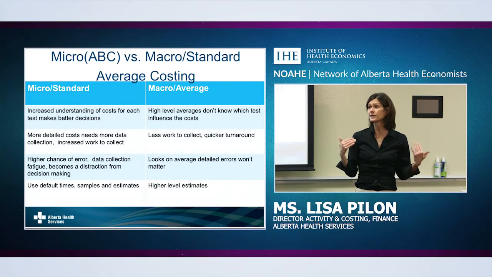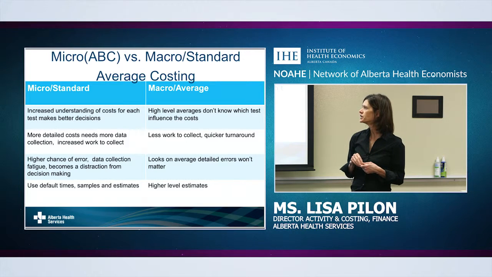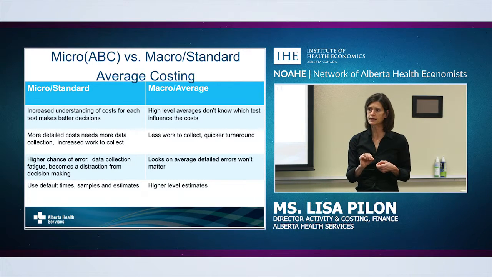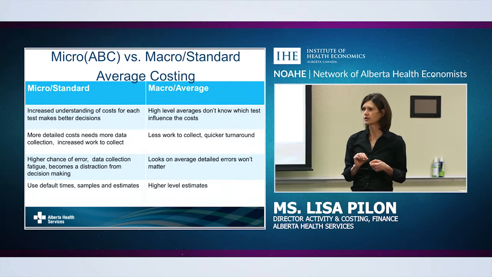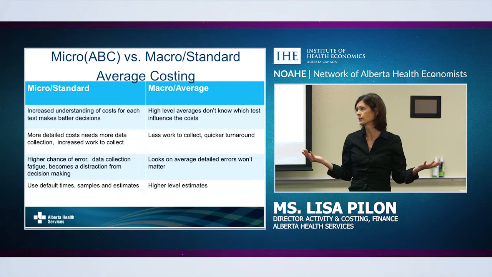And then you're spending all this time distracting yourself from maybe looking at overheads and trying to find out why the variation in overheads is no good, when really an average cost would have done you just as good. So that's something to keep in mind, is at what level do you need to do that? Sometimes if you get really tiny, then it can just end up being a distraction, and 2 weeks later you're still trying to figure out why it's wrong, and in the end it really didn't matter because average would have just been as good.